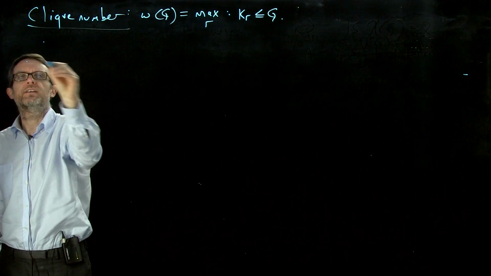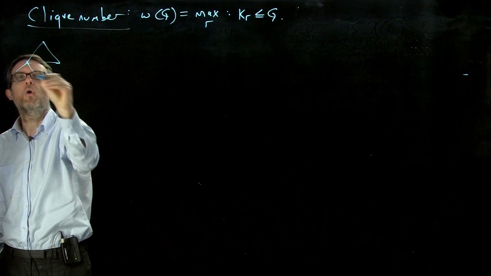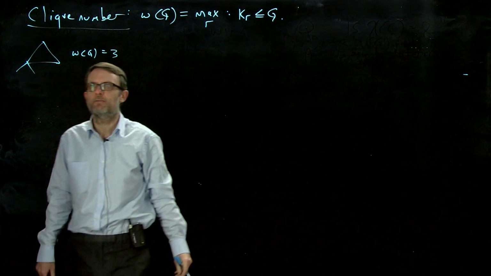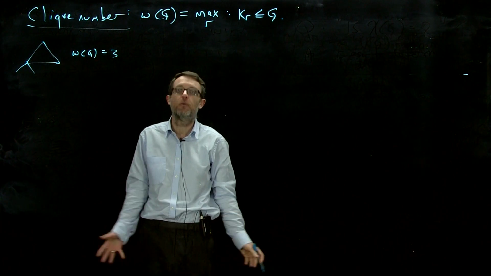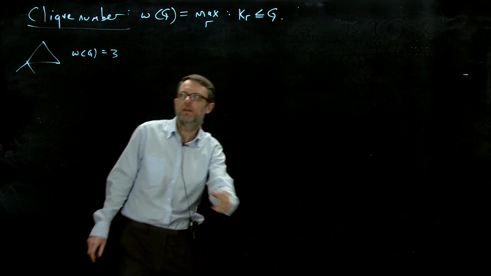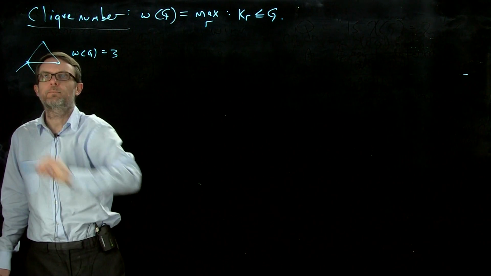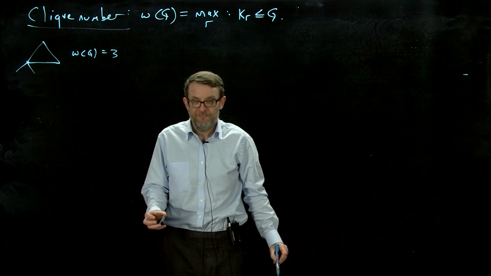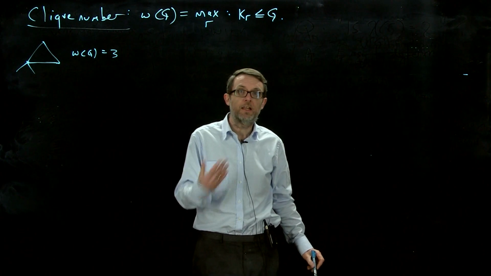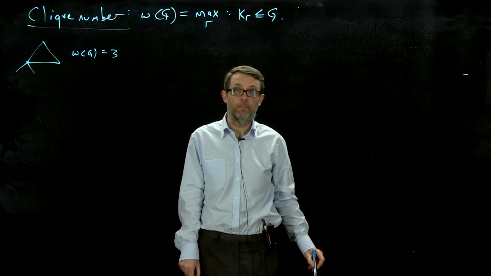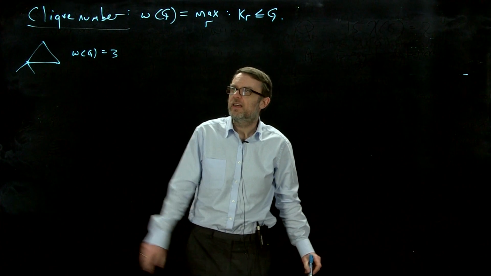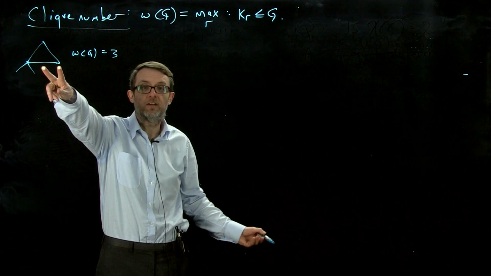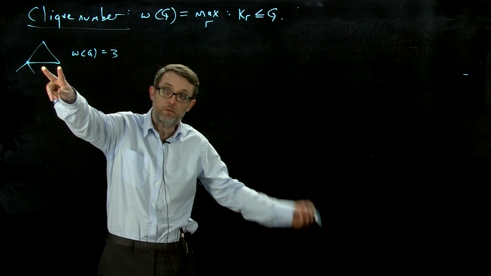So for example, this graph that we had before, the clique number of this graph is 3 because you have a triangle, but you don't have 4 mutually adjacent vertices. Now, the clique number feels like it should give you a lot of information about the chromatic number, because in this particular graph, it was exactly the presence of a triangle that forced us to use 3 colors.